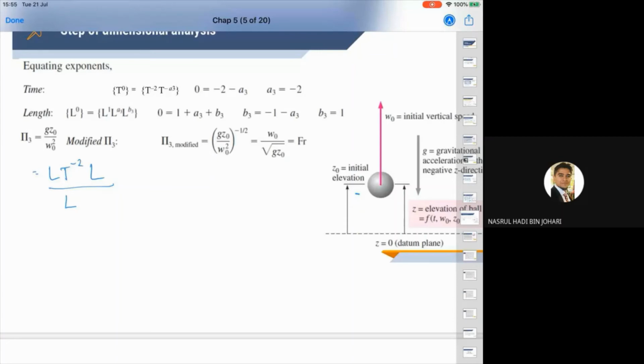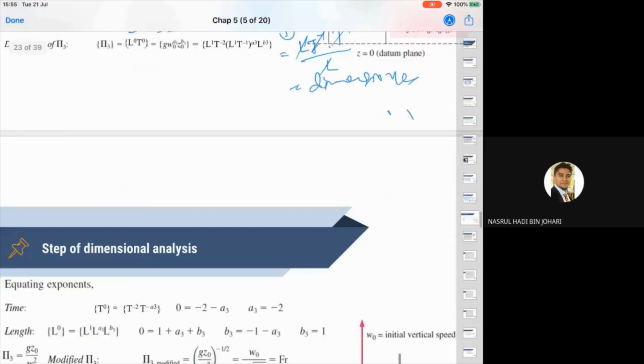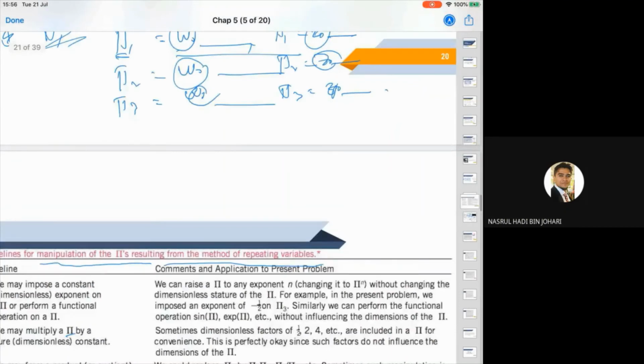L power of 2, and then T should be, wait a second, G, gravity kita adalah, sekejap ya.